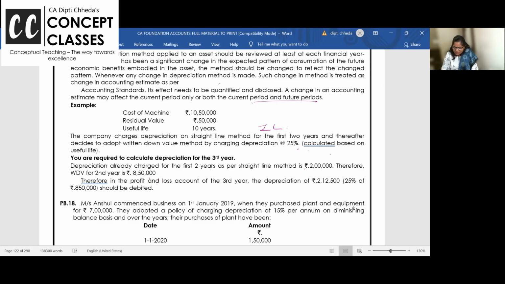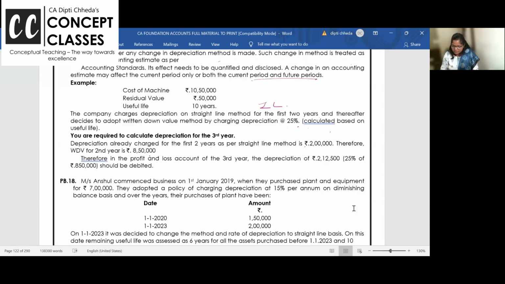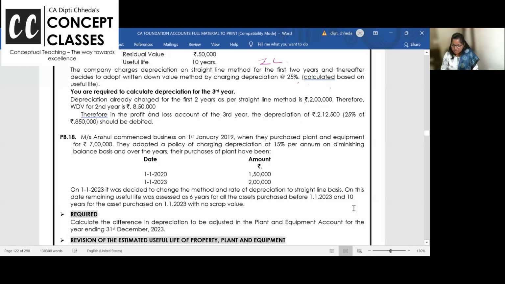Solved problem ready for you as example. Is this clear or not? Check karo 2 minutes. Kuch doubt hai to pucho. Change in method I am taking up right now. Example is clear? Yeah? Let us solve it in notebook, that example also, and then this problem also.